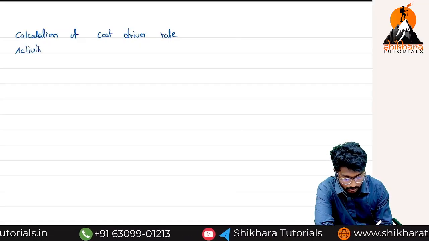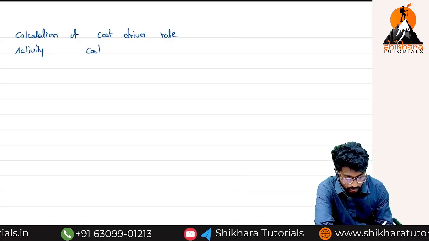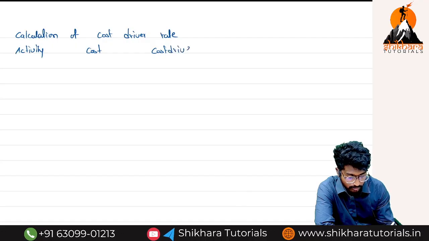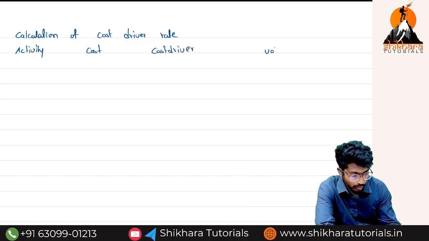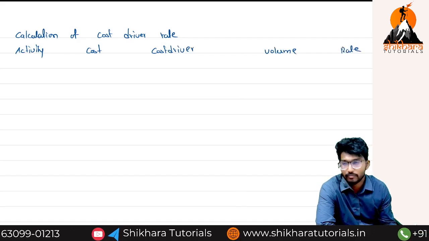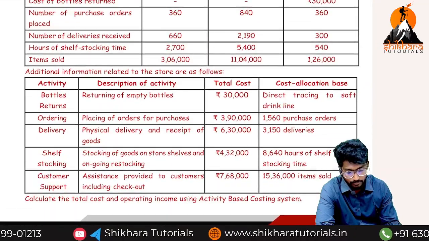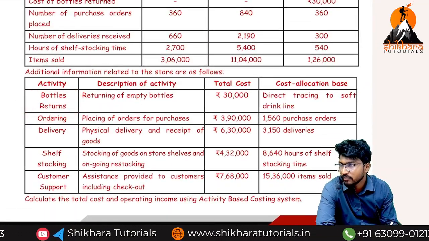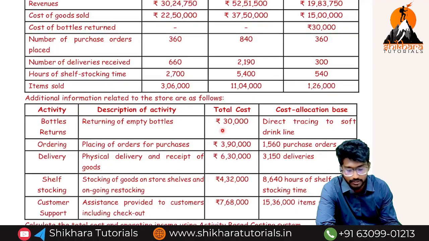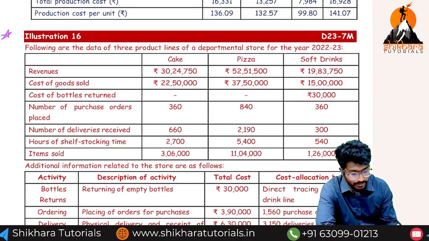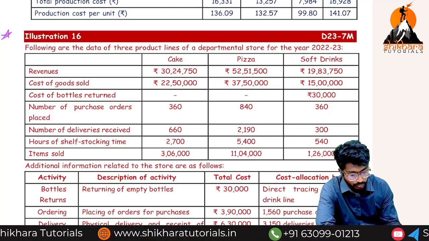Activity, cost, driver, volume and rate. First, what is the first activity we have? Returning bottles. For returning bottles, we are directly allocating these to whom? Soft drink. We are deducting this 30,000 from what value?